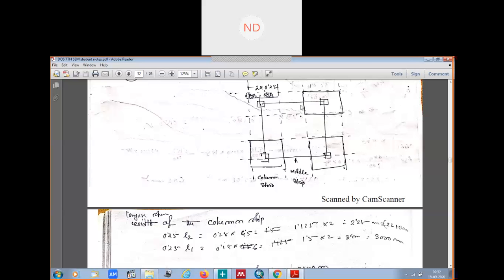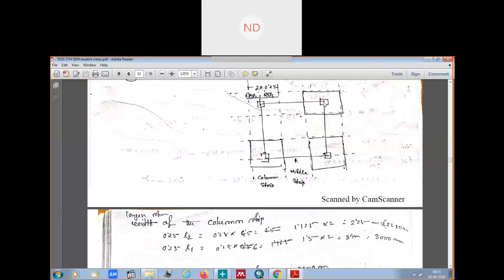So on both the sides, 2250 mm. And what is 0.25 L1? Since we are considering the longer direction, L1 is this one, 0.25 L1. So what we got is 3000 mm.